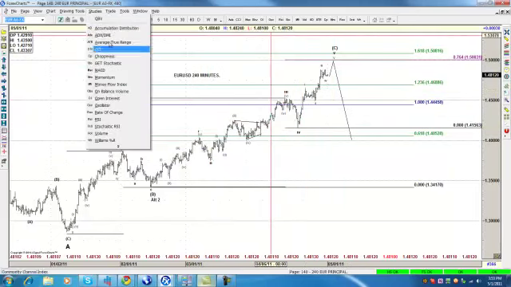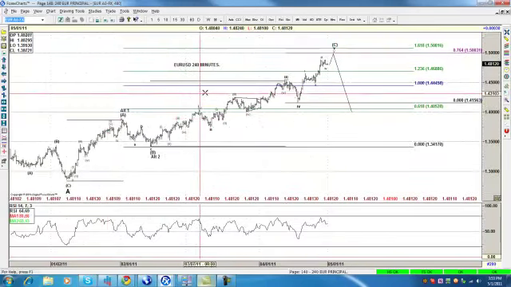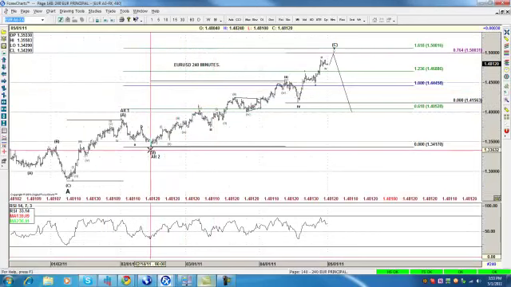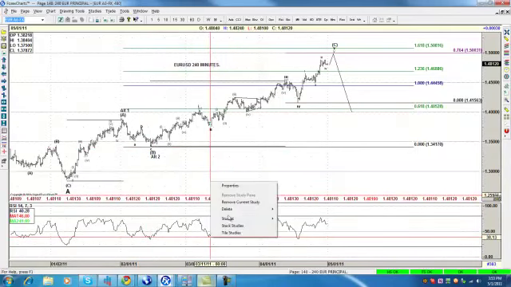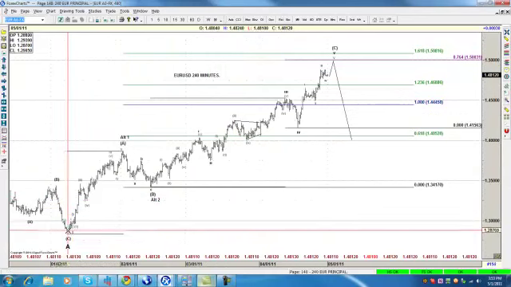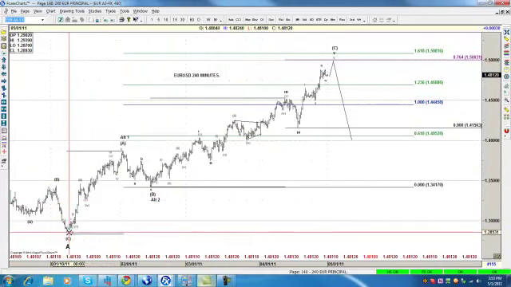This is an 8-hour chart, and in an 8-hour chart, as you see, from here we don't have divergence. So that's telling me that it's possible that wave 3, that is a 3-wave move technically from here, is coming to the end.